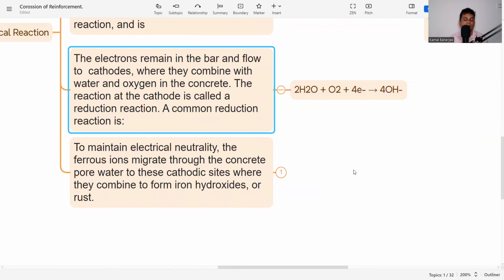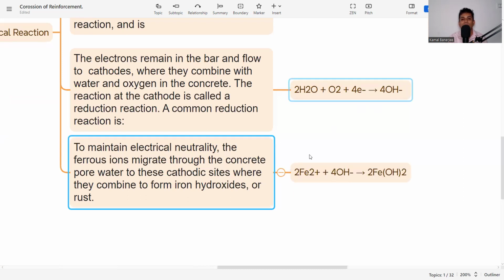It is the normal property of any substance. So the ferrous ion migrates through the concrete pore water to the cathode side, where they combine to form iron hydroxide, or rust.